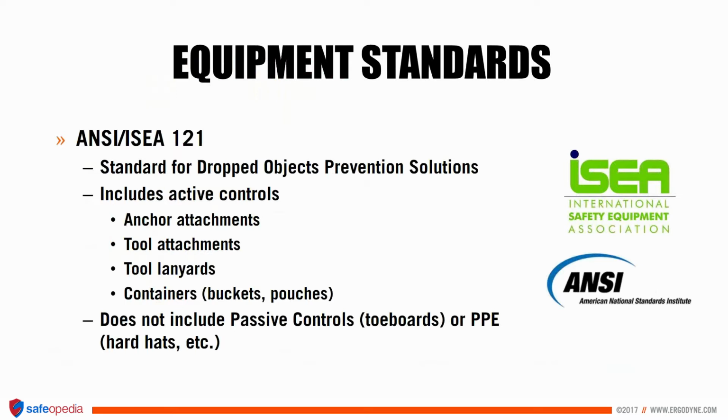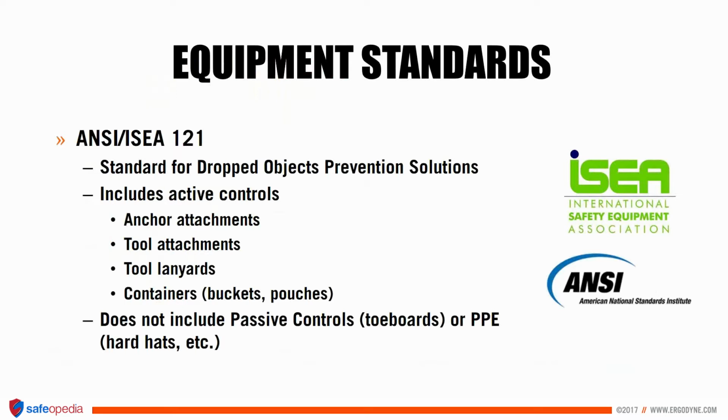Those of you who are very familiar with fall protection know ANSI Z359. This standard will look somewhat similar to that, in that it will be outlining design and testing criteria for dropped object prevention solutions.